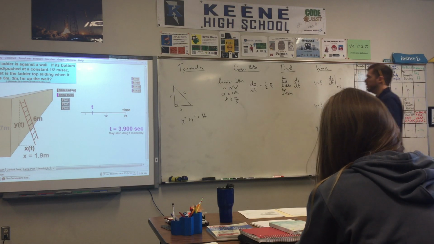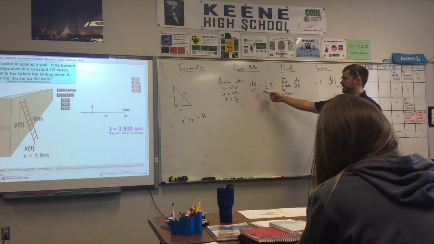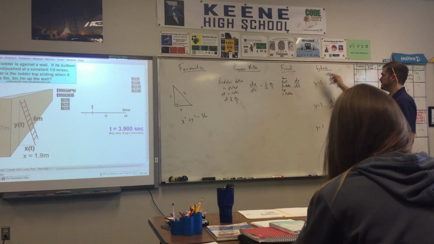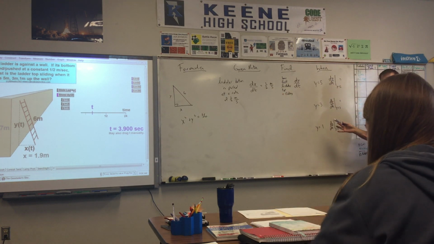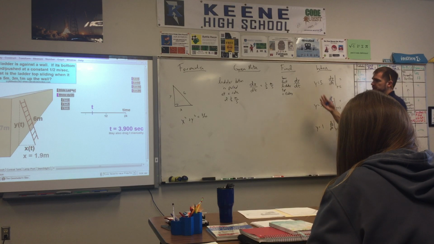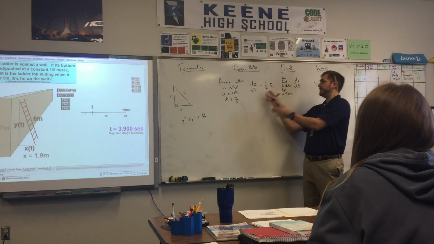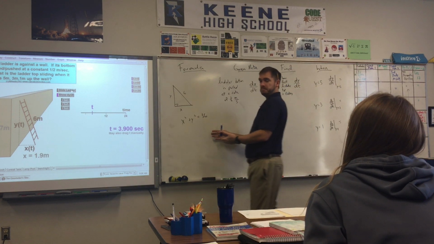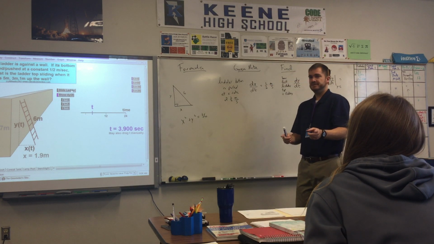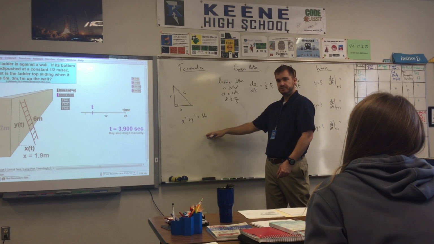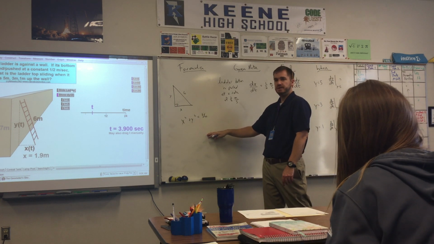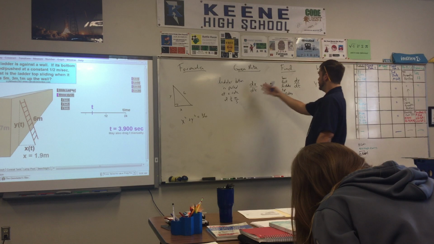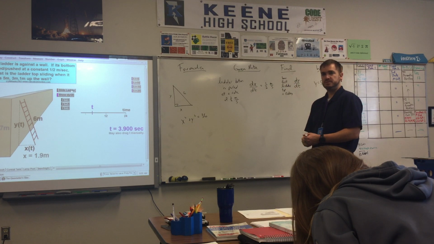Okay. Well, I have dx over dt. I'm trying to find dy over dt, but I don't have any equations that tell me how this rate relates to this rate. I just have a formula with how x relates to y. But if we take the derivative of this with respect to time, then we will have a way of relating those two concepts.